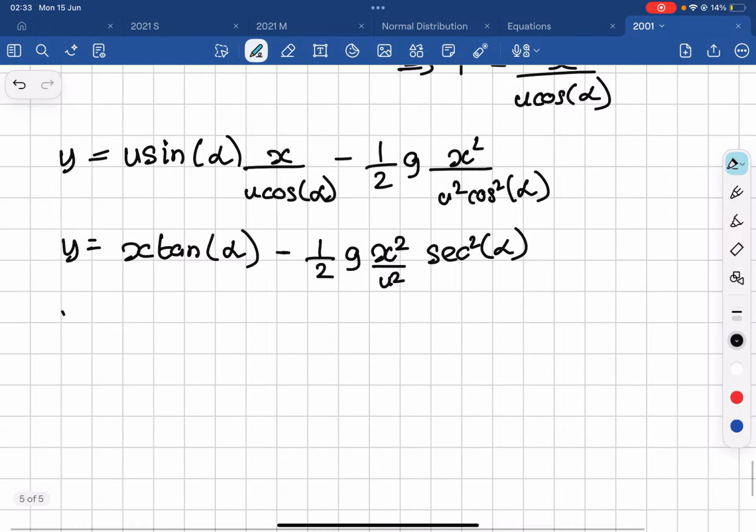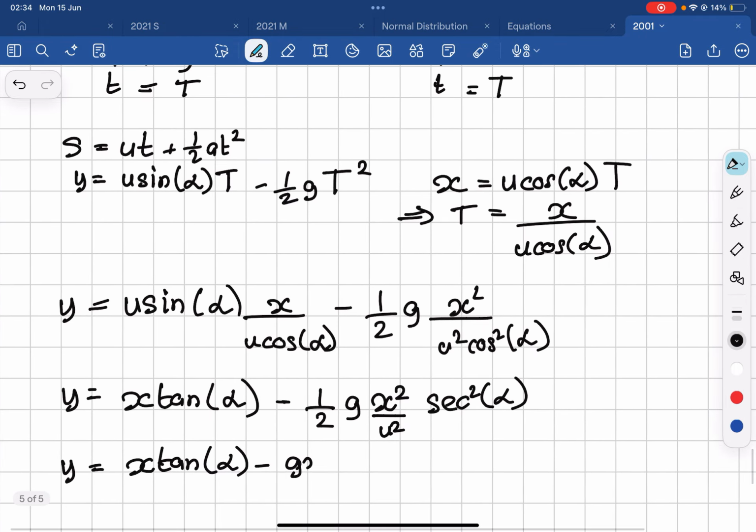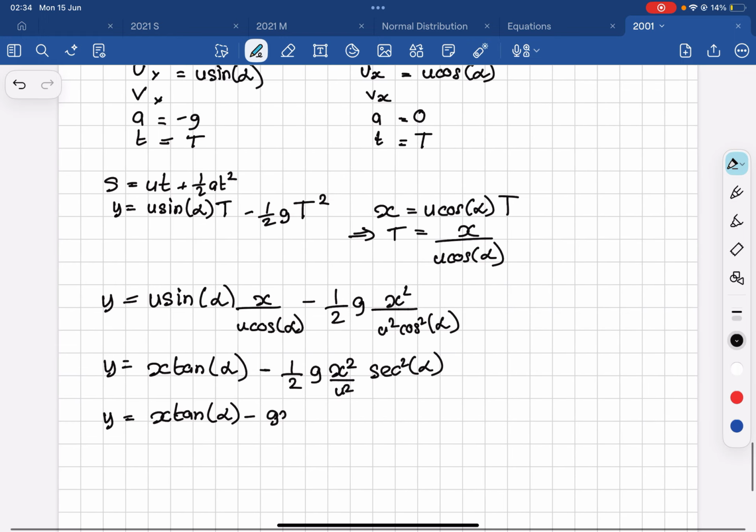You can tidy this up a bit further, so y equals x tan alpha minus g x squared over 2u squared, and sec squared using our trig identities is 1 plus tan squared alpha.